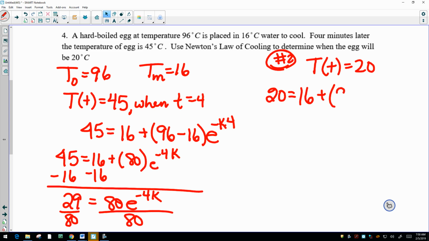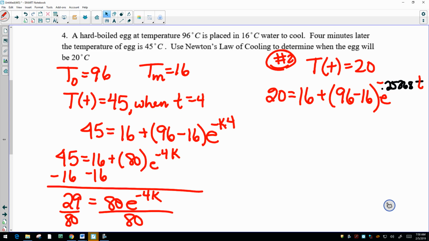The initial doesn't change, so that's all staying the same. e is still e. This time I have my k value, so I have a negative, because that's in the formula, 0.25368. And this time we're solving for t.